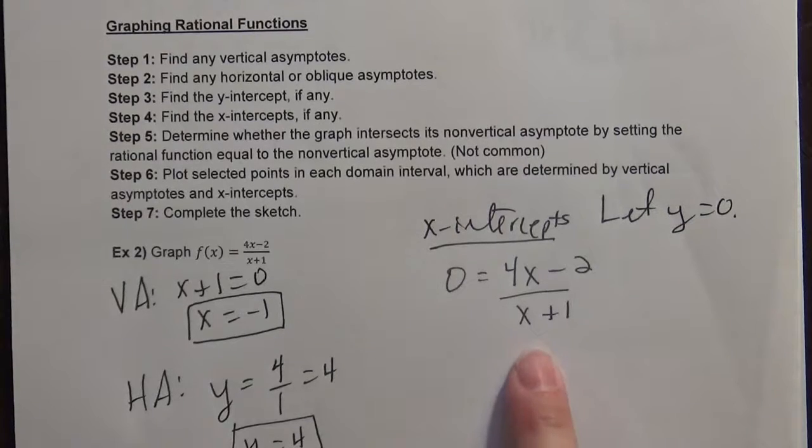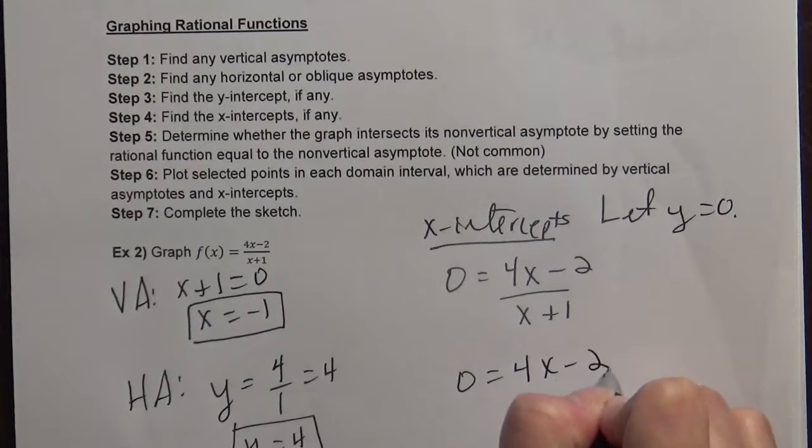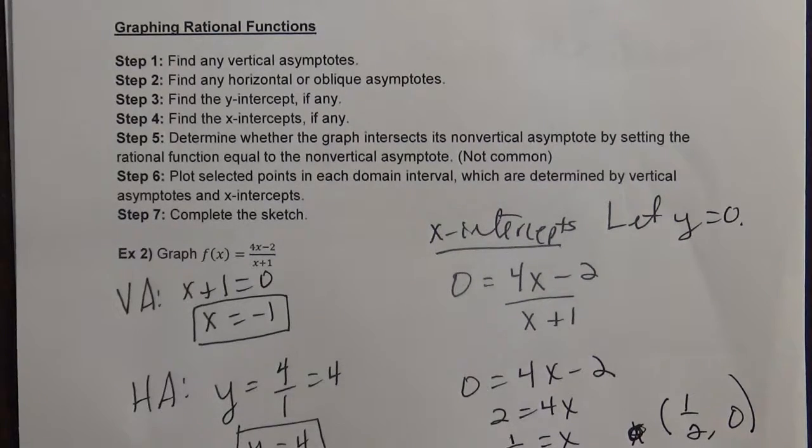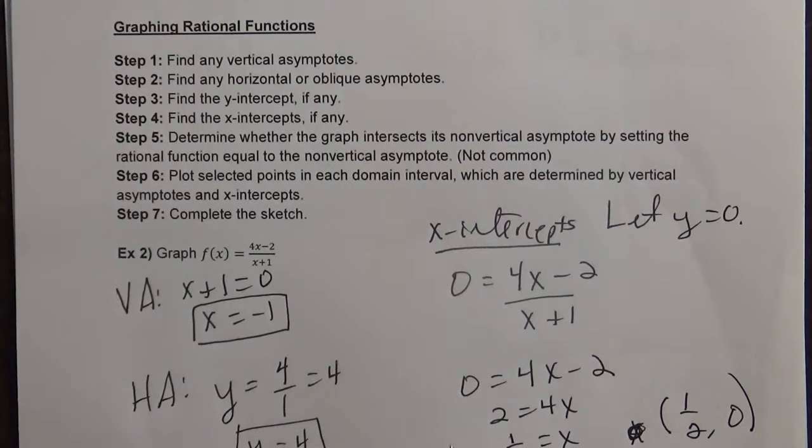You can multiply both sides by the x plus 1, so that's going to give you 0 equals 4x minus 2. And then solve for x, so you get 2 equals 4x. Divide by 4, you get 1/2 equals x. So your x-intercept is x equals 1/2, or the ordered pair, 1/2 comma 0. And we just found one x-intercept.